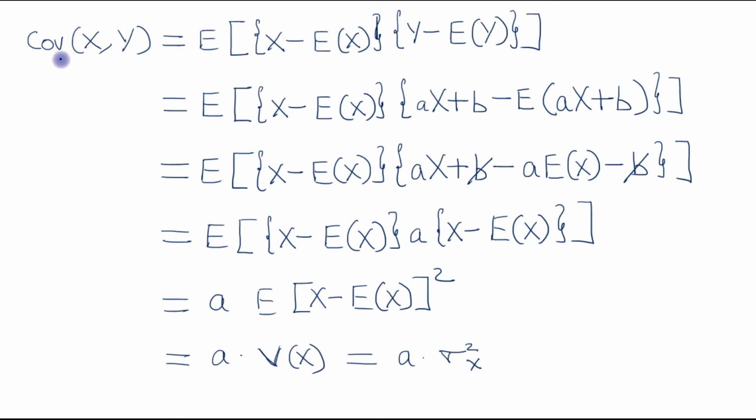So we have found out that covariance between x and y in this case will be a times sigma square x. Now let's find out variance of y.